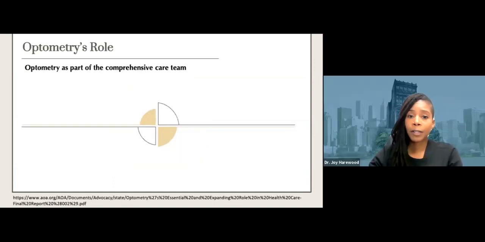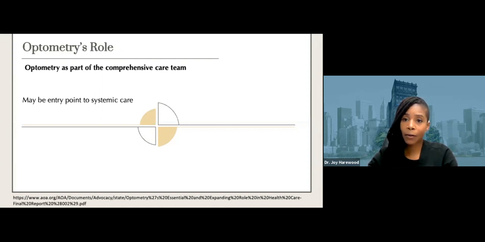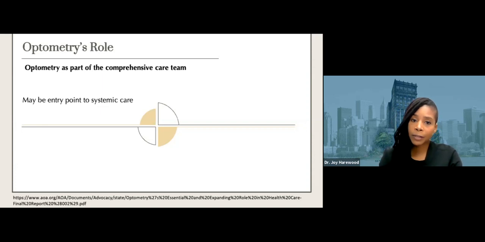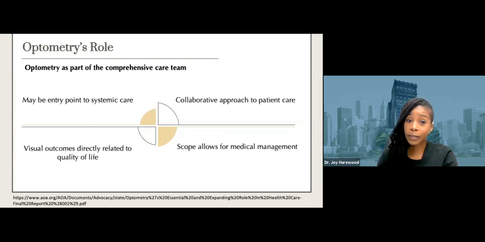We also spoke about optometry as part of the comprehensive healthcare team, how we are the primary eye care providers, often the gatekeeper to the healthcare system, and how important that is, how we collaborate with others, and how our collaboration can help people better access care, how our visual outcomes are directly related to quality of life, so how important it is that we provide quality care, and the fact that our scope allows for medical management, which further encompasses the healthcare team environment.